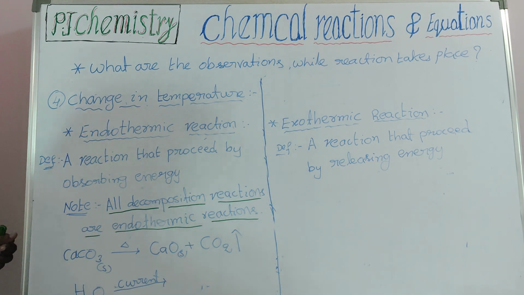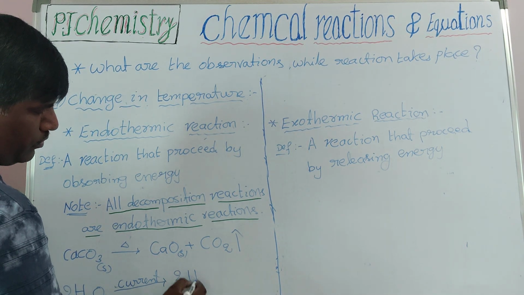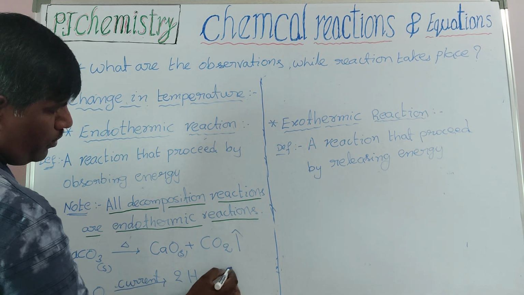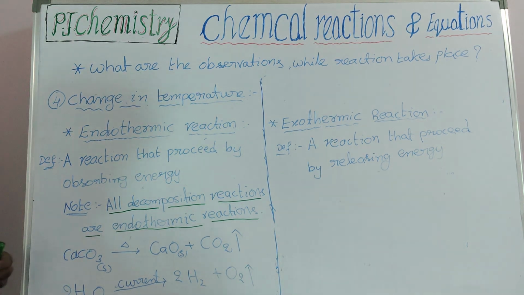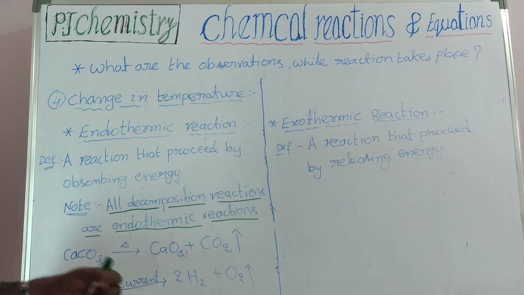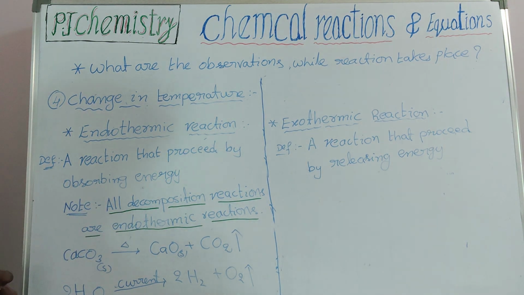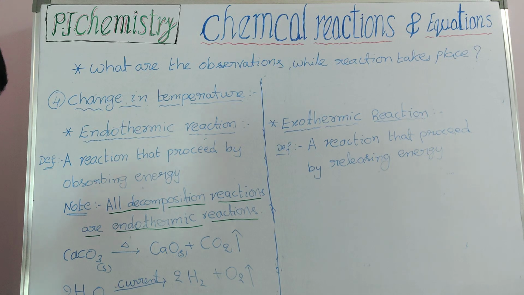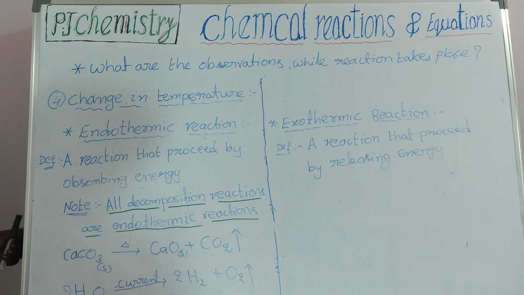By absorbing current, it gets decomposed and forms H2 plus O2. This year, they possibly asked this question based on a diagram. We will discuss it while discussing decomposition reactions. So like this, all decomposition reactions are endothermic.